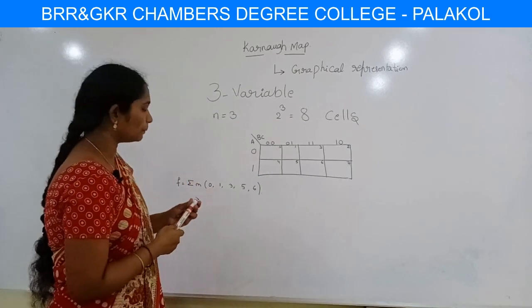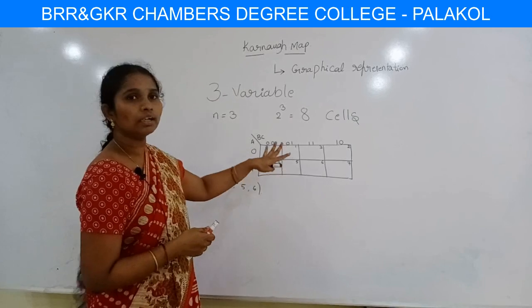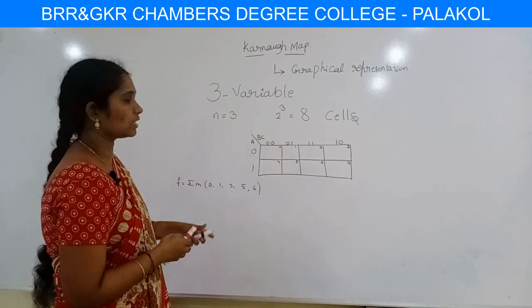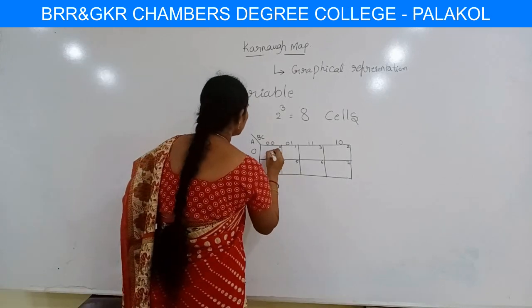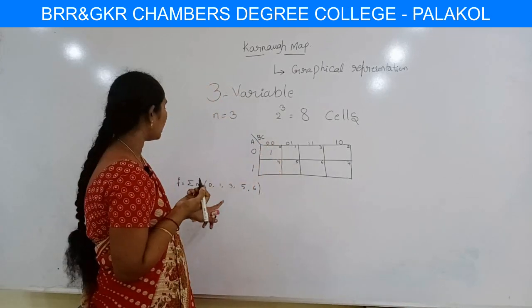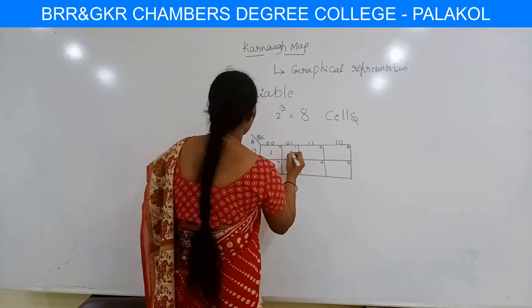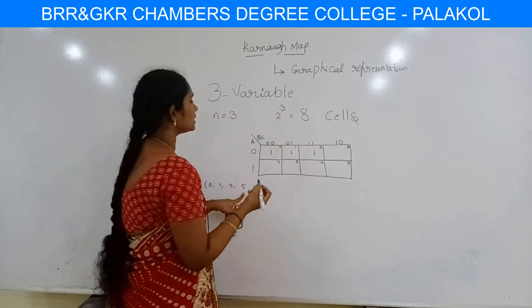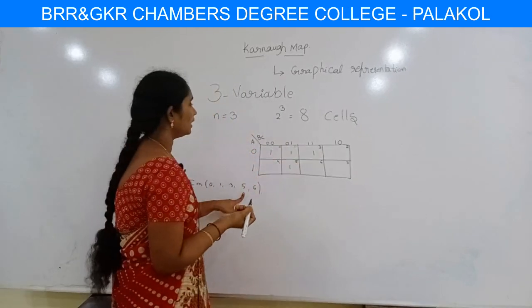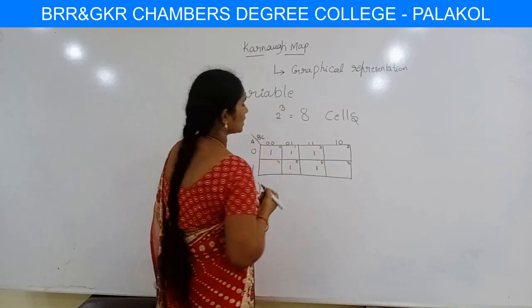So for this example, how to draw the expression for these numbers? Okay. So here 0 is nothing but I will put 1 here in this cell, and next one is 1, and the next one is 3, and the next one is the 5, and the next one is the 6.